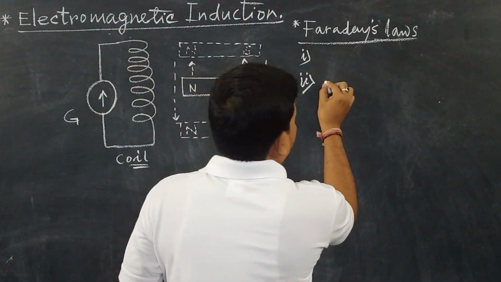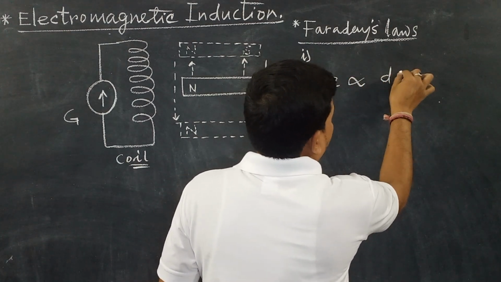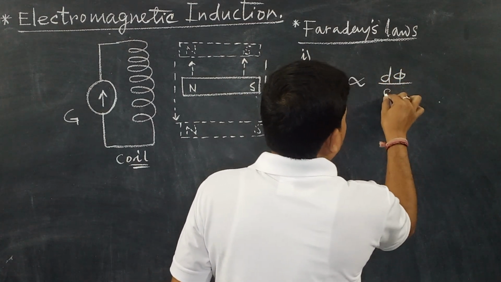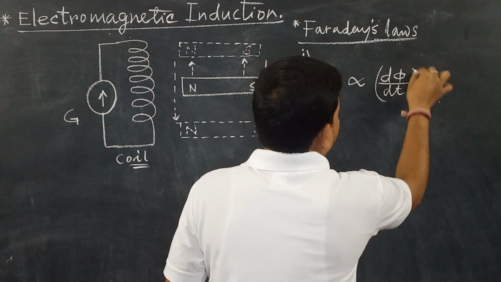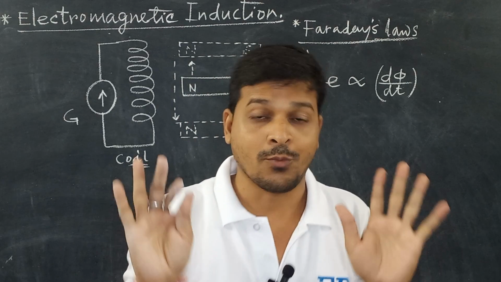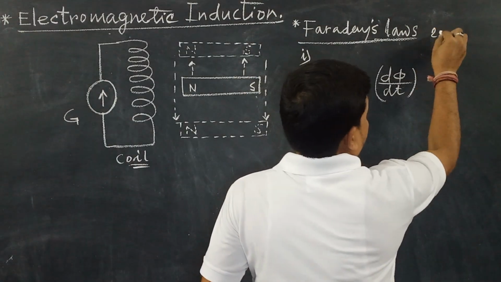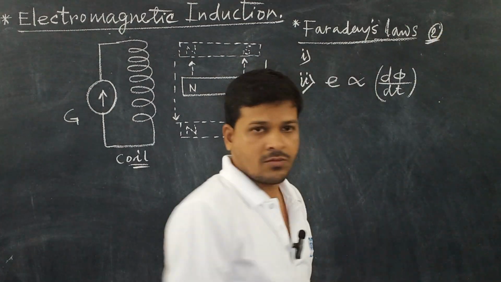If the induced EMF is denoted by E, then E is proportional to d phi by dt, where d phi by dt is the rate of change of magnetic flux. Very important question for the board exam, alternate year, you can see this in your question paper, 2 marks.